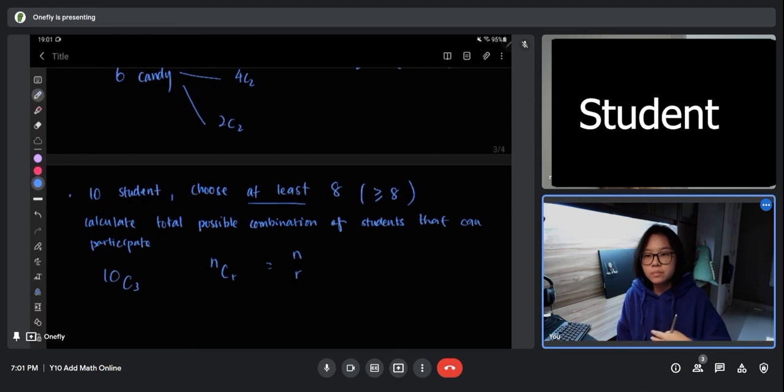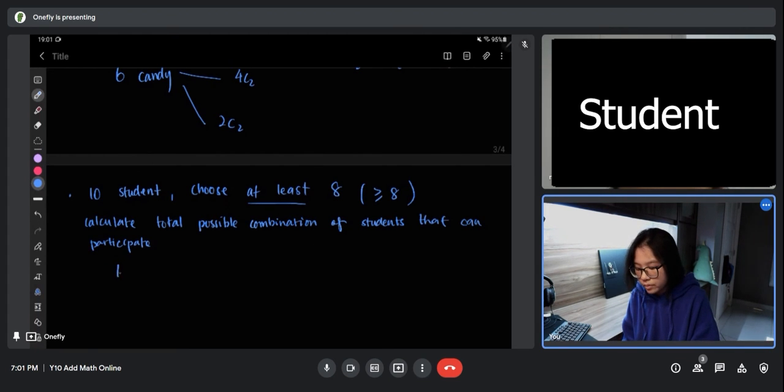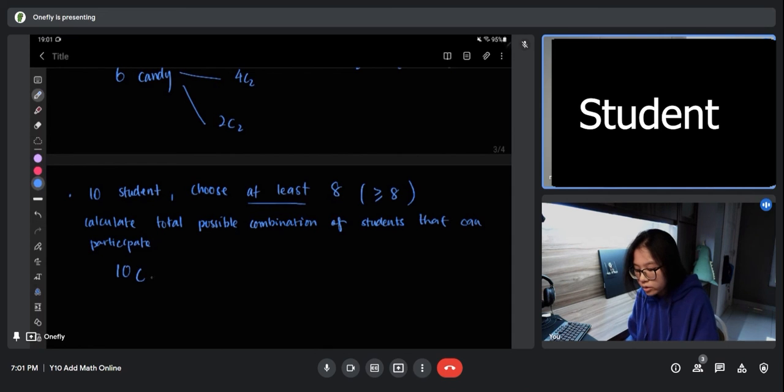If you say 3, that means it's something you don't need already. So that's technically not correct. What do you need from the 10 people? 10 choose 8. Yeah, 10 choose 8.